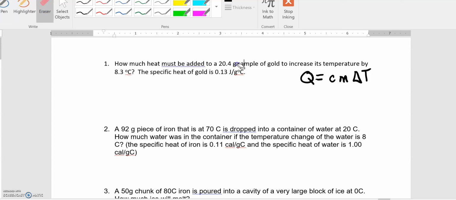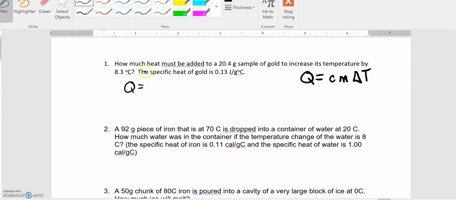If that was not the case, let's say that our sample was given in kilograms, we would first need to convert that into grams before proceeding with the question. So you do always want to make sure to check that your labels line up right. And the best way to do that is to include the labels in your computation.